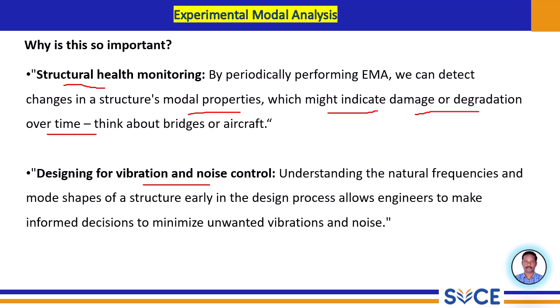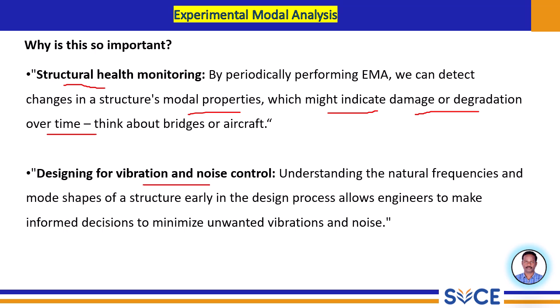This allows them to identify potential resonance issues, where the structure's natural frequency coincides with operating frequencies, leading to amplified vibrations, and to visualize mode shapes to understand how the structure will deform under vibration. This knowledge empowers engineers to make informed design decisions at earlier stages itself.